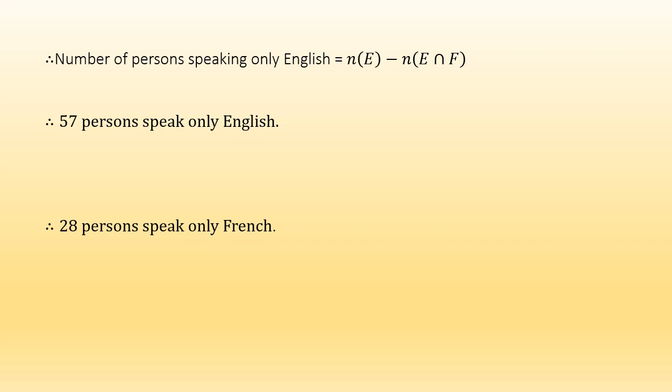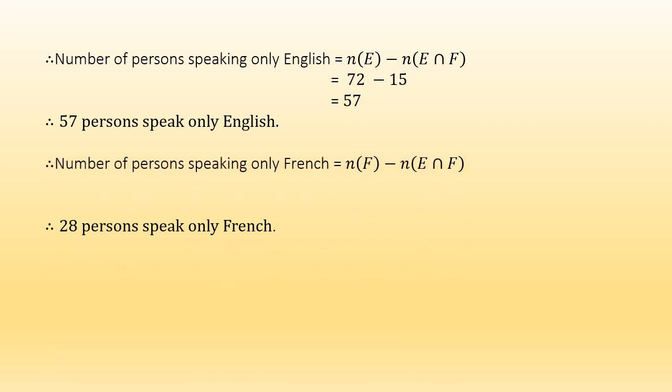N of E is equal to 72 minus 15, we get 57. So after writing the formula, we'll put up the values, and after calculation we need to write the statements. Therefore 57 persons speak only English.